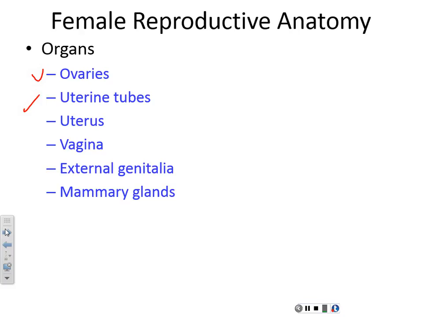All right. So we talk about that, and of course the uterus, which is what sustains the developing fetus. And then the vagina, of course, the organ of copulation in the female, right? It receives the sperm during sex, and then the external genitalia. External genitalia for the female is elaborate.